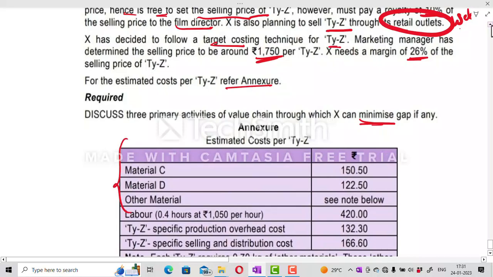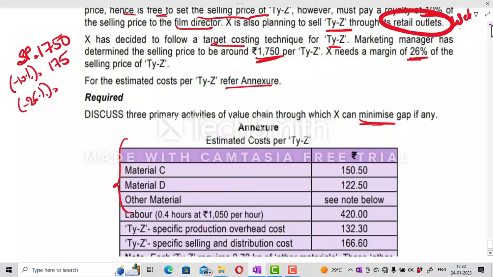First, let's find out the target cost, because they have given the target selling price, that is 1750. After reducing the 10% royalty, it is 175, and 26% profit will be reduced.